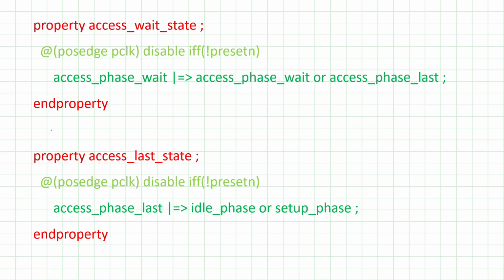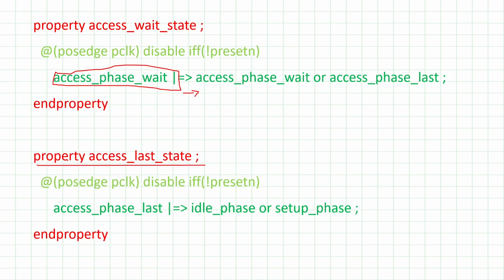Now our access wait. The access wait condition is that if access phase wait is there, then at the next cycle, access phase wait or access phase last, these two possible states should be there. If these two states are there, then it is fine. Otherwise the assertion will give an error.